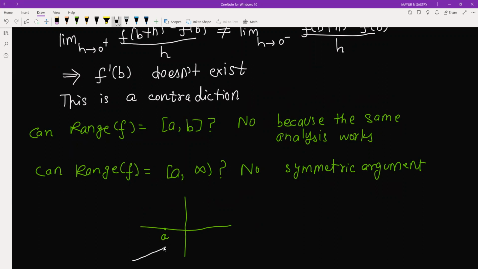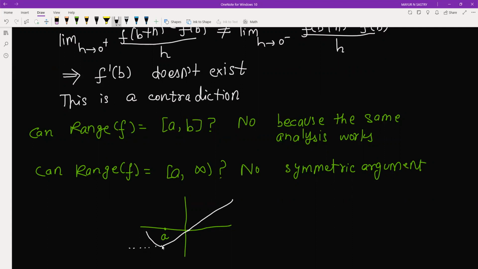And then we would have identity from a to infinity because that is the range, and we don't know what the status is to the left of a, but whatever it is, it should increase because it can't go below a. The range is closed a comma infinity, so it should either be constant or increase.